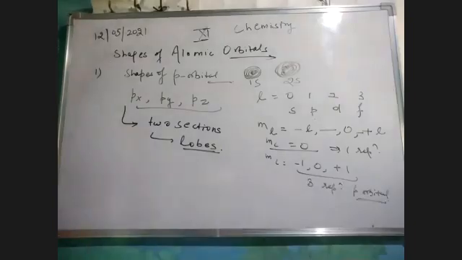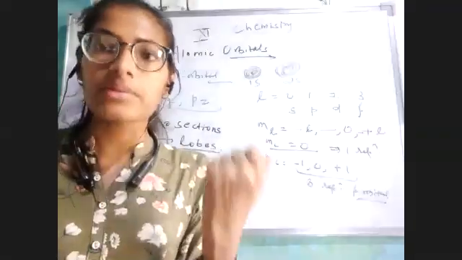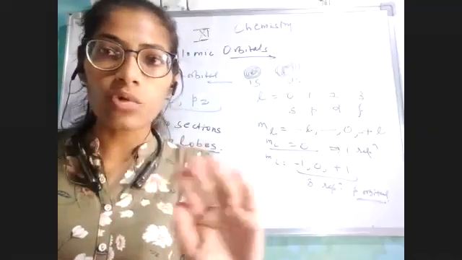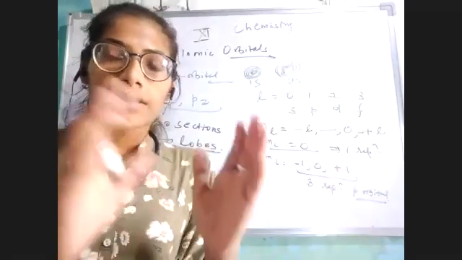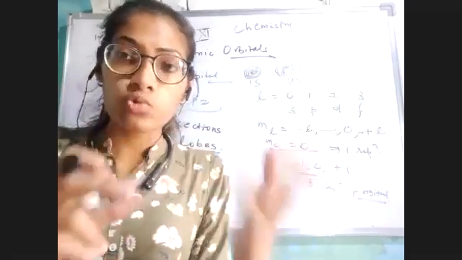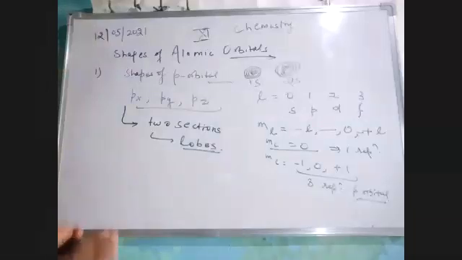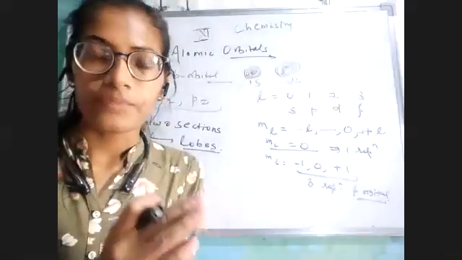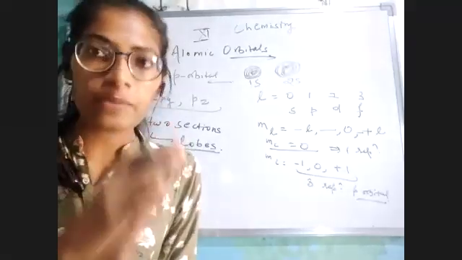The dumbbell you have seen or used in the gym: in the middle it is zero, it is nothing, and on the two sides we have two different lobes. Same as it is, our p orbitals are of dumbbell shape.